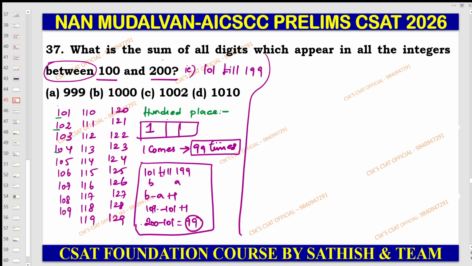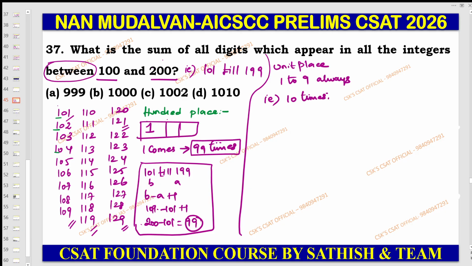Right. Next, if you see the logic here, in the first three cases, surely in the unit place you will be getting 1 to 9. 0, no problem, even if you are adding 0, no problem. The unit place comes here 1 to 9 always, that is 10 times.